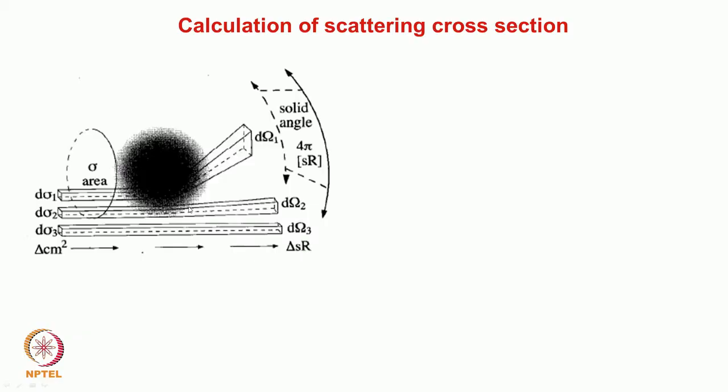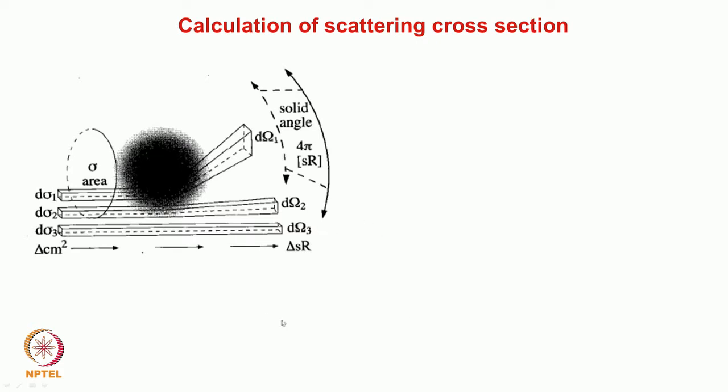An example we can take for differential scattering cross section is given here. This is an effective area, sigma. If you look at this region, the beam which is entering is scattered quite a bit, maybe by an electron close to the nucleus. From here it is less, and here there is no scattering.